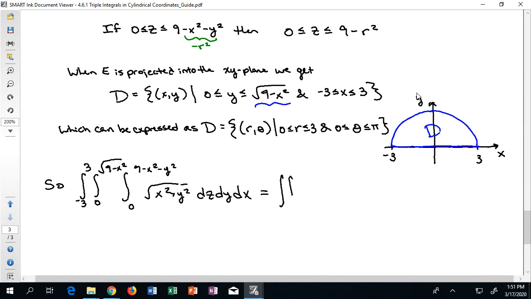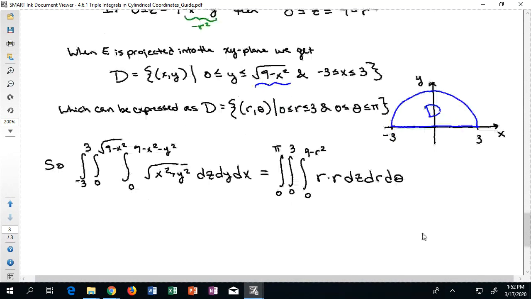If we integrate with theta last, I should have 0 to pi, r from 0 to 3. My z bounds were 0 to 9 minus r squared. My function changed to r, and then I had dz, and then my extra r in there, d theta. Again, that dy dx is going to need to be replaced by an r dr d theta.